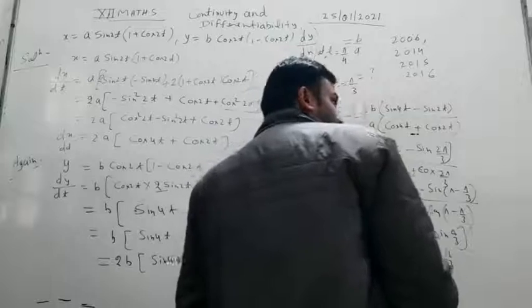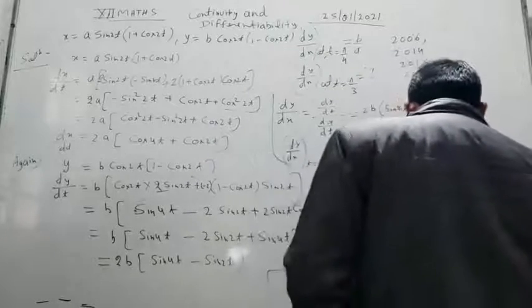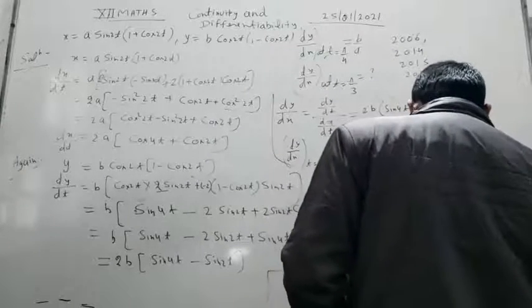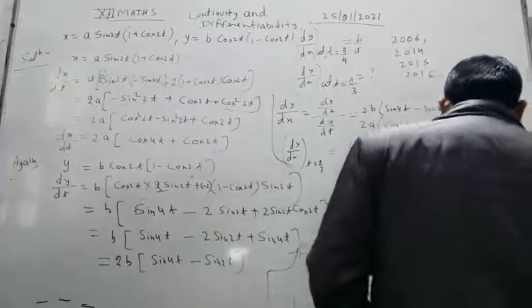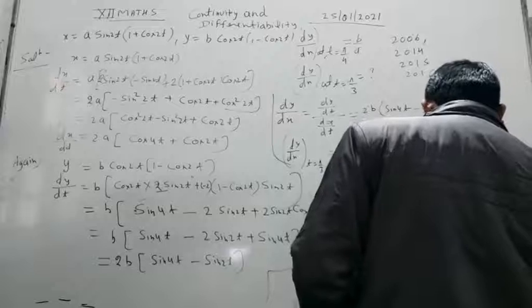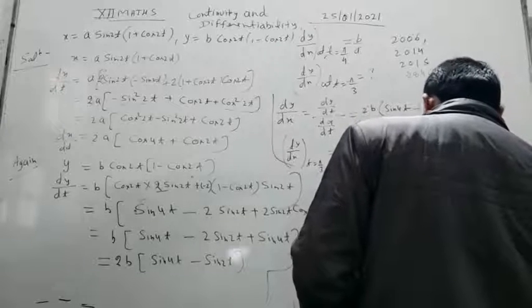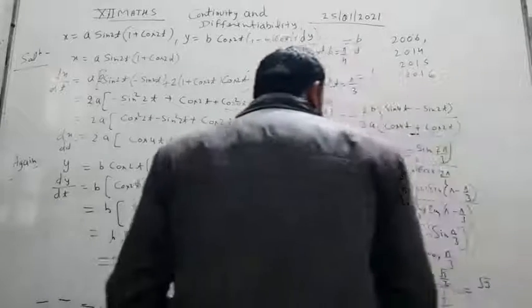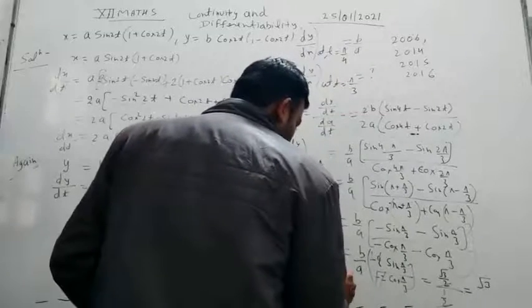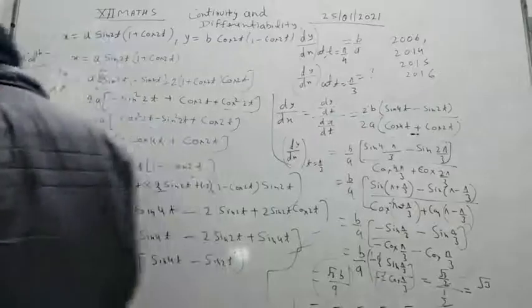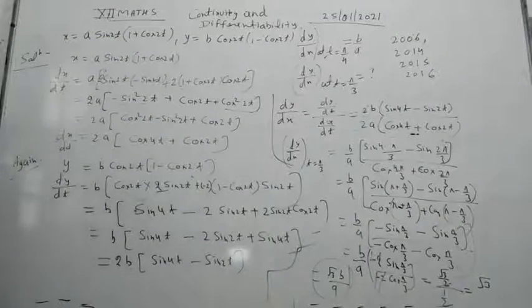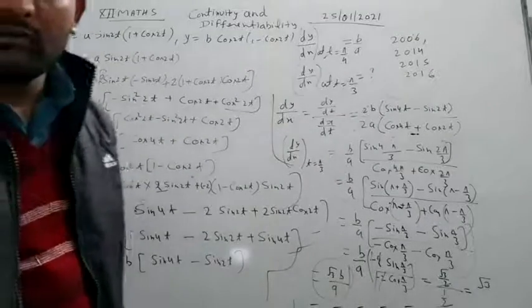So sin pi by 3 is sin 60, which is root 3 by 2, and cos pi by 3 is cos 60, which is 1 by 2. So this is root 3. Okay students, so our value is root 3 b by a. So this is our result which we had to find out.